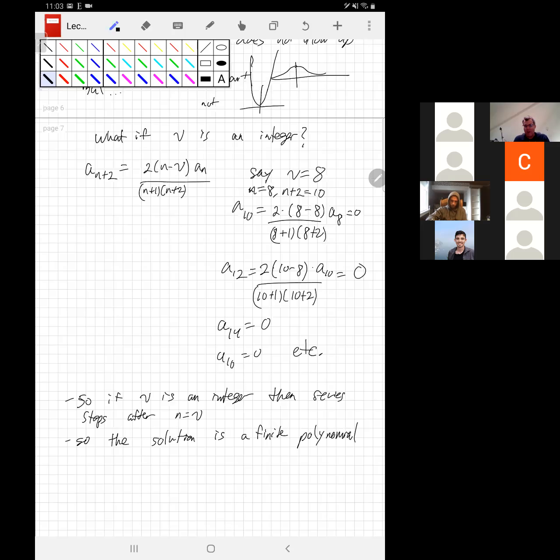Next week with Legendre polynomials, we're going to do it to make sure that the function doesn't blow up. But sometimes, even if the function wouldn't blow up regardless, you still want a function that's a finite polynomial because it better describes the physics. And then if you pick the right value of this parameter, you can make the series behave nicely. Any questions?